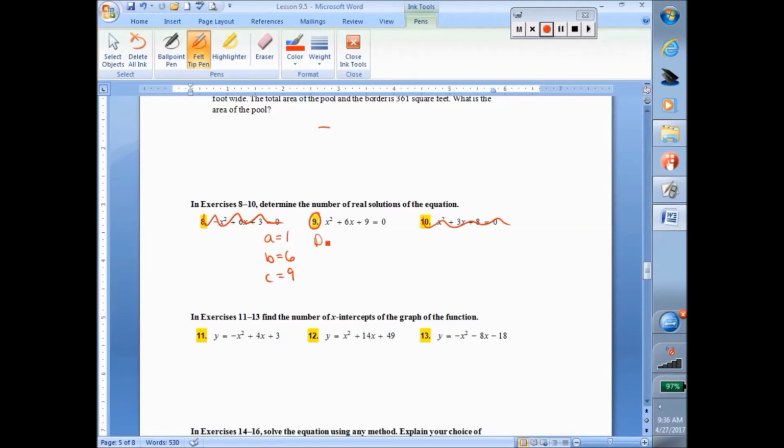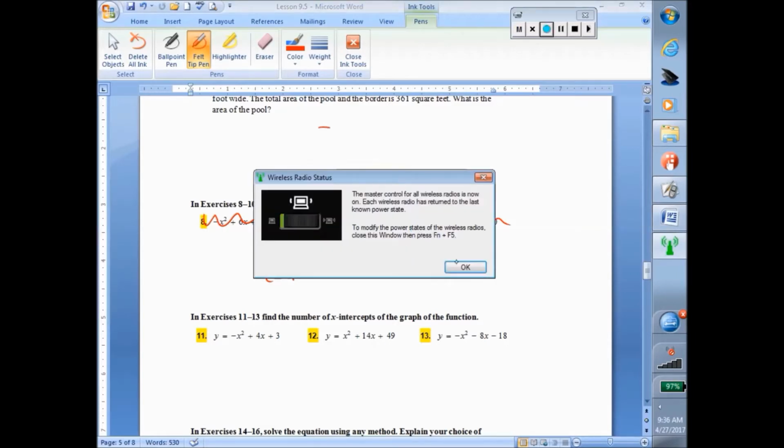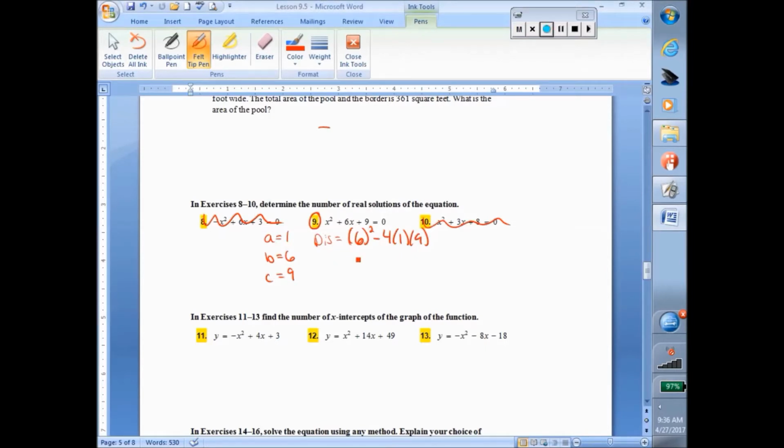My discriminant is b squared minus 4 times a times c. I get 36 plus negative 36. My discriminant is 0.